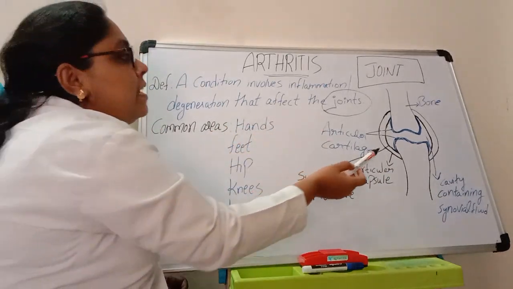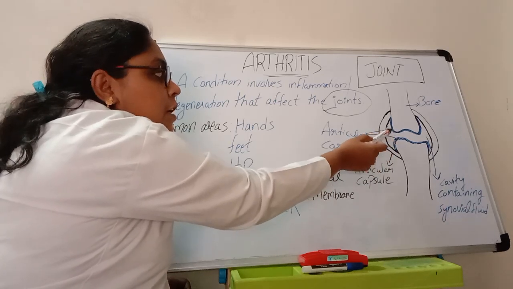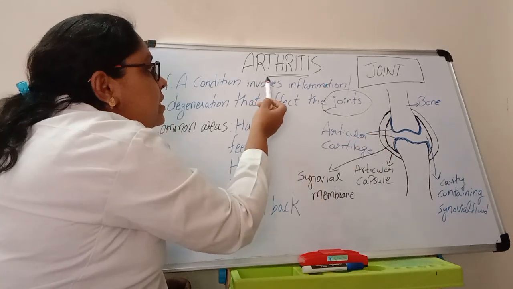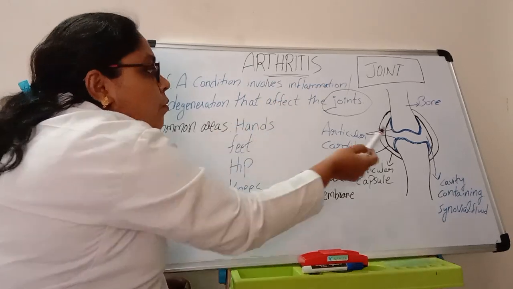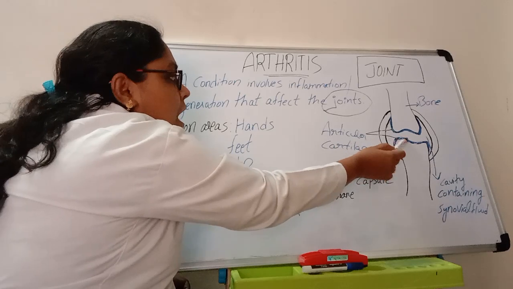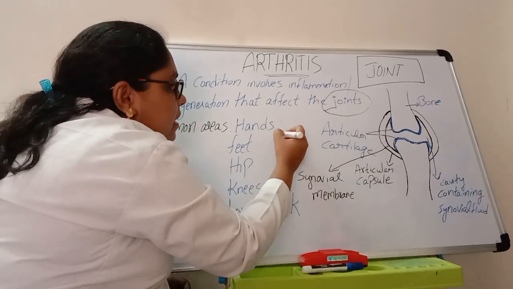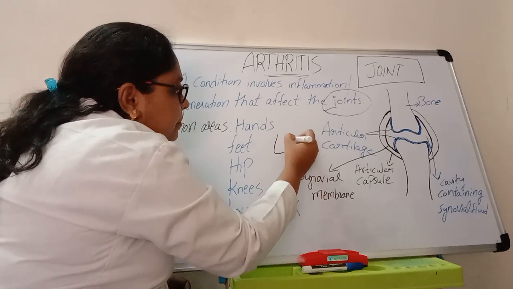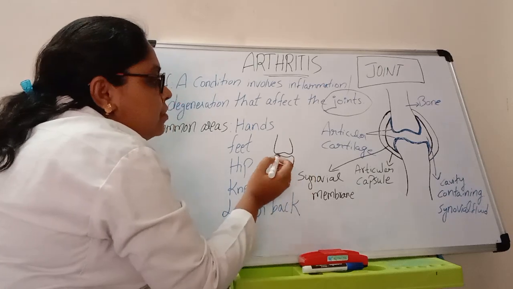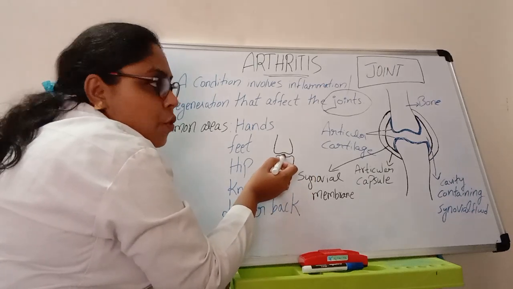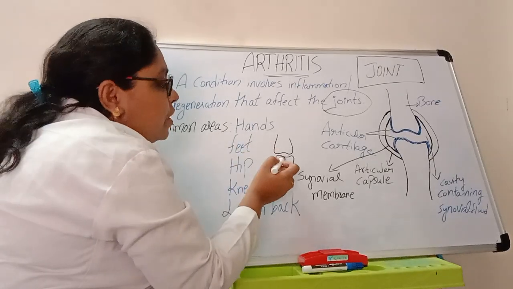Here I said that there is a cavity which protects the two bones from friction. Because of arthritis, because of any inflammation or any degeneration, what happens here? It reduces the joint space. Here you can see these two bones. We have some joint space, which is helpful for joint movement and functioning.